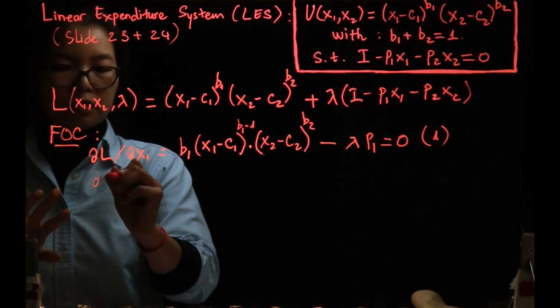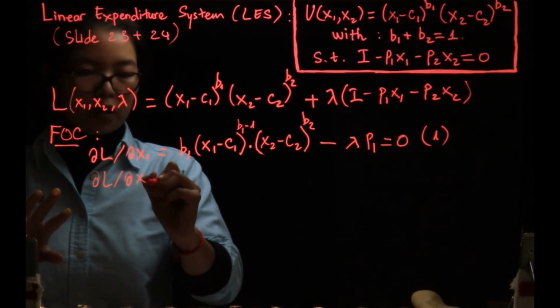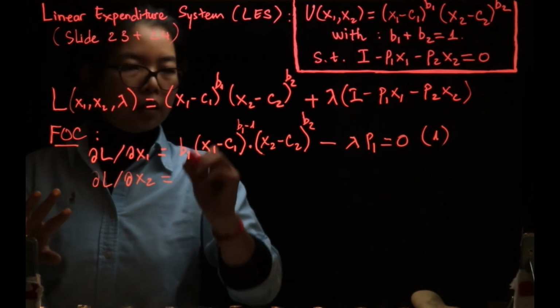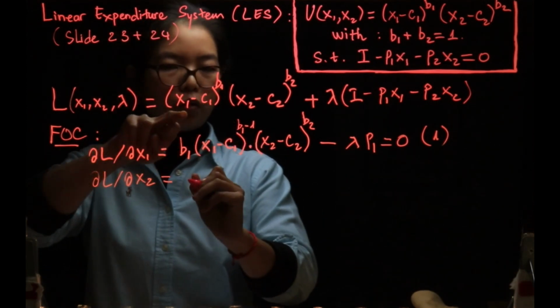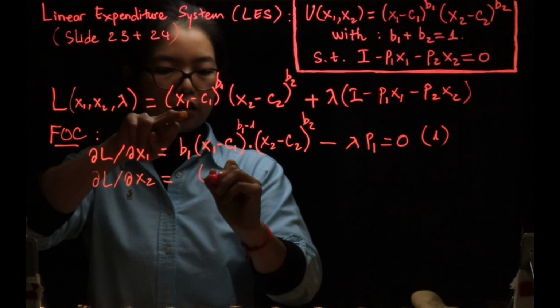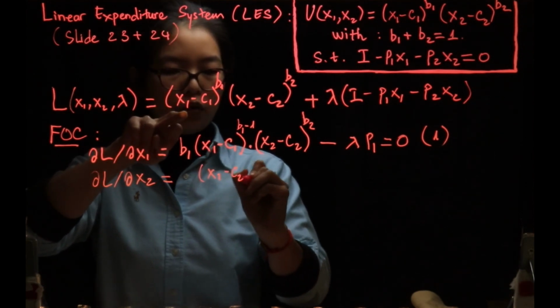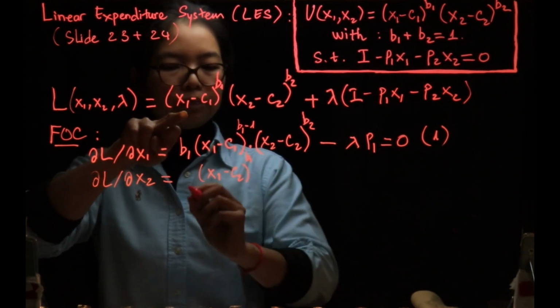The second equation has to do with the partial derivative with respect to x2. Now the term relating to x1 stays constant. Let's write it there: (x1 minus c1) to the power of b1, right?